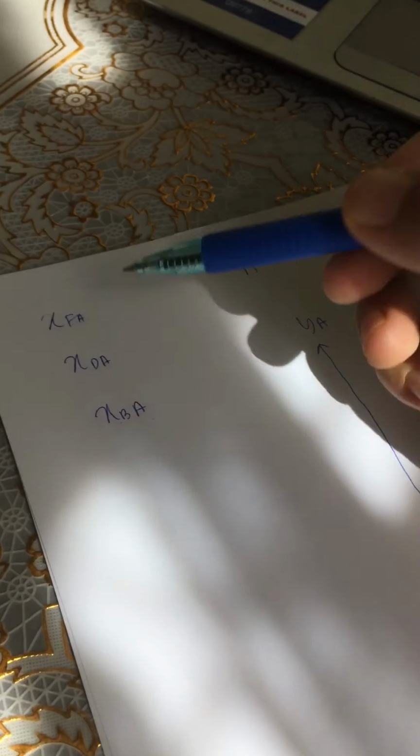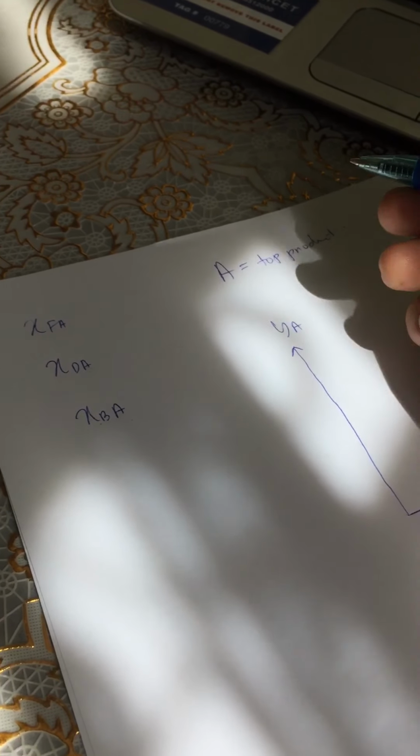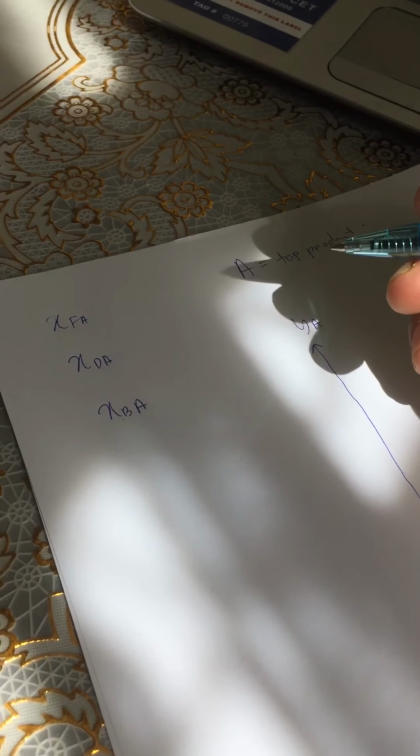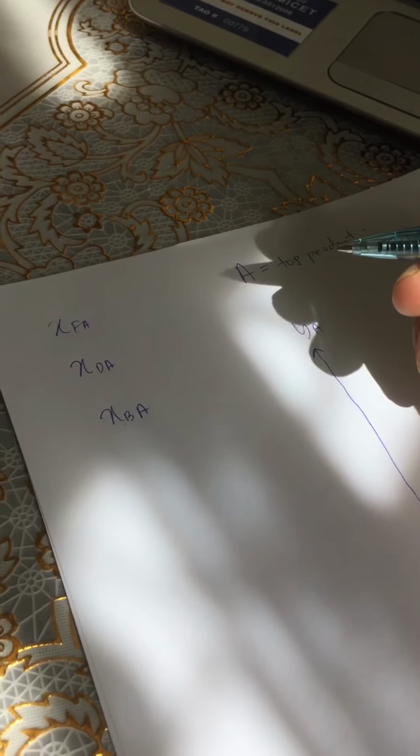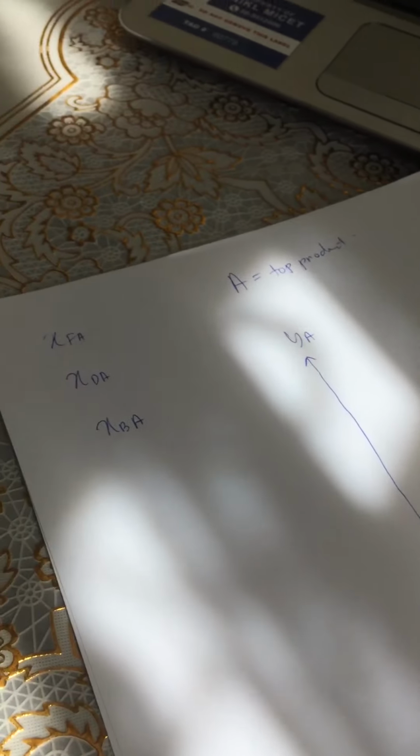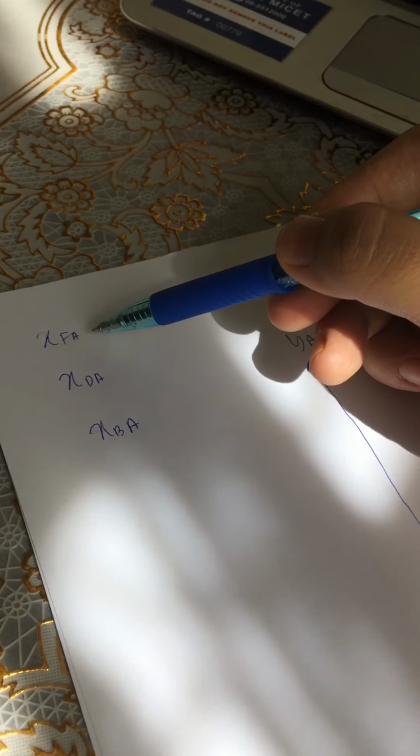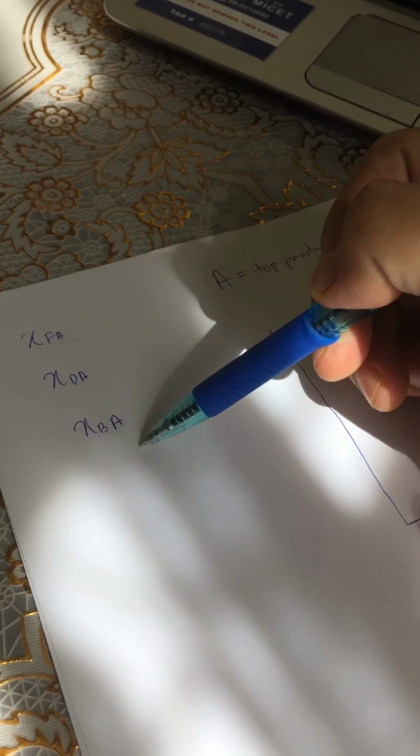In the assignment, I already gave you all of the information for mole fraction for component A as well as component B. But for component B, you just need to ignore that value, because it will not be used in the graph, since we are just using component A. So you need to pick the values for XFA, XDA and XBA stated in the question.